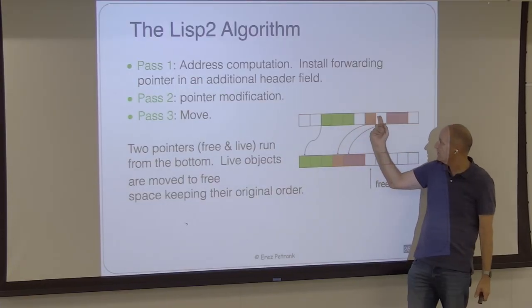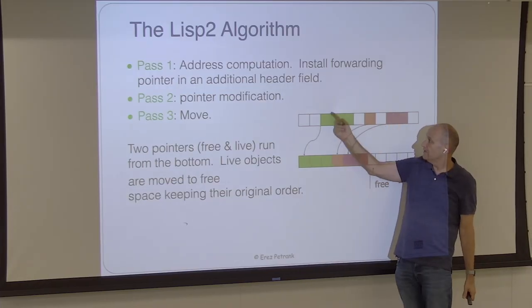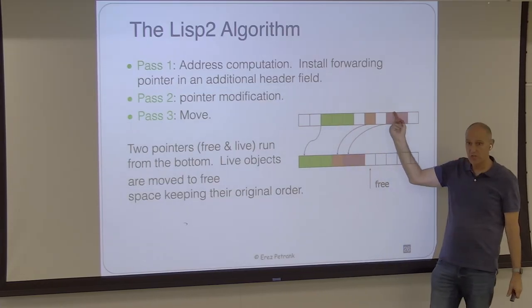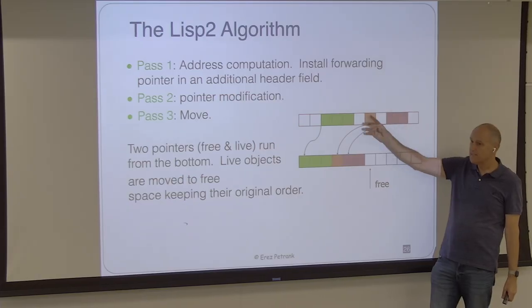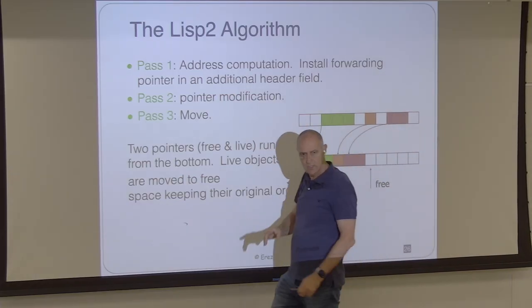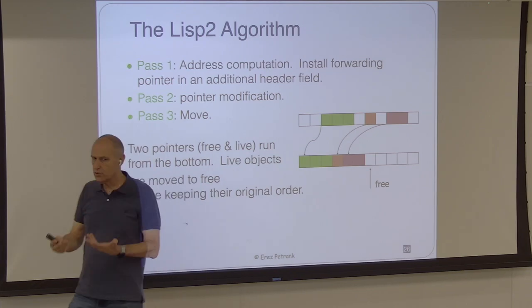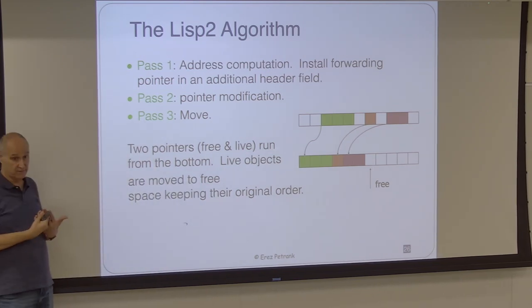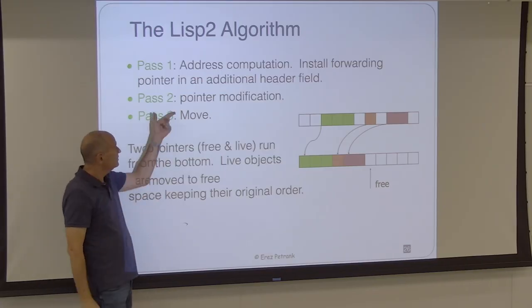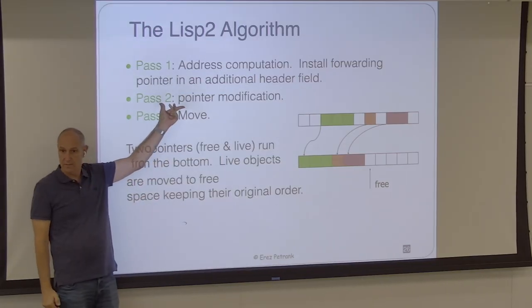So if there is a pointer from here to the green object, I can change it to be to the right location after the move, after the compaction. Okay, so I can fix all pointers in the heap to show the right location after compaction because I have forwarding pointers. So this is going to be the second pass.